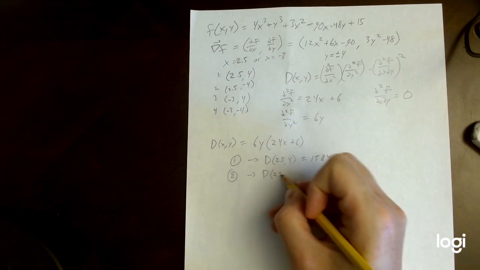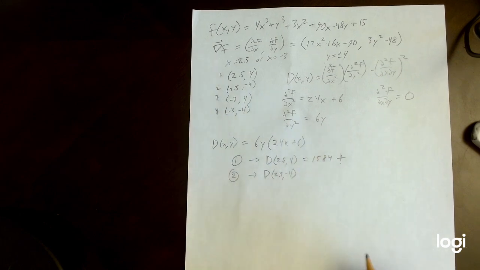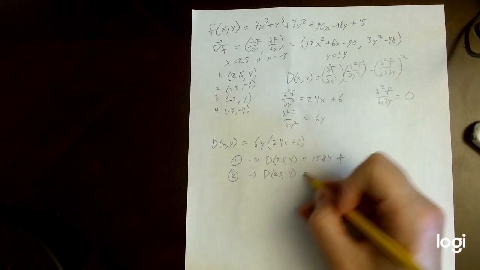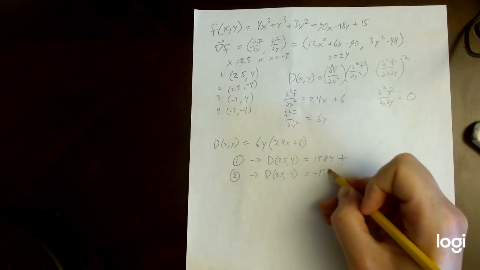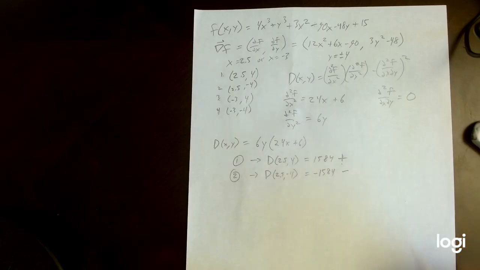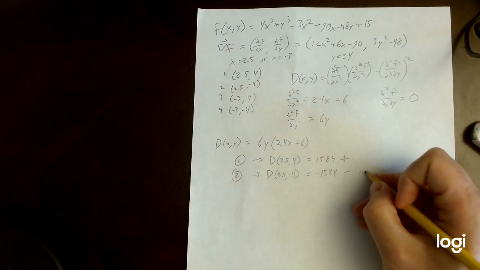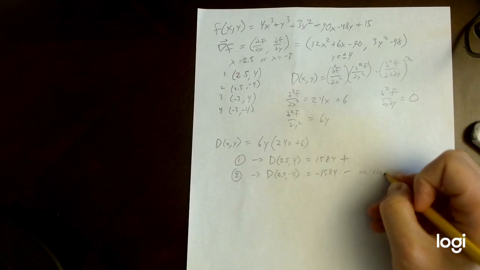D of 2.5, minus 4. The only thing that's going to change there is this y is going to change sign, so the value is the same, it's just we flip sign. So this is negative, and we know for sure that this is neither min or max.